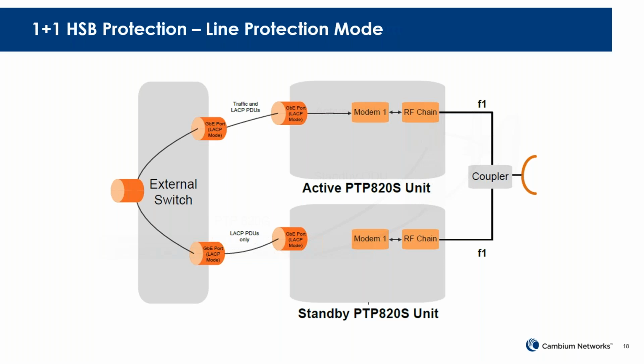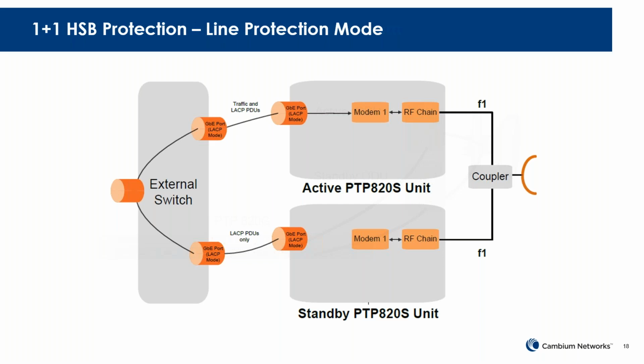The way it works is that we rely on an external switch to help with routing the traffic properly to the active unit. So you need to configure LACP on the external switch. When you want to use line protection or copper, make sure that the external switch will support LACP, Link Aggregation Control Protocol.